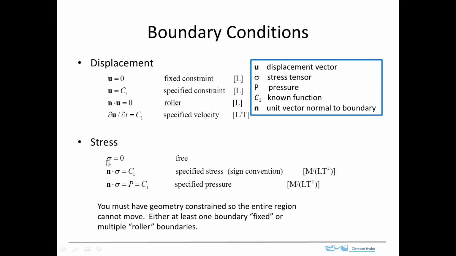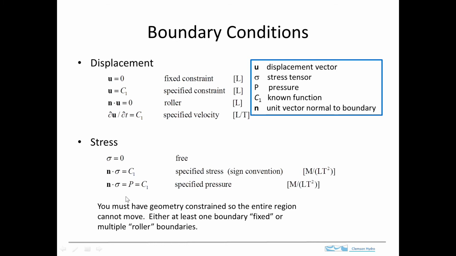Stress boundary conditions, if the stress is equal to zero, then this is a free boundary. So if this block was just open here, it didn't have any loads on it, then we would call that a stress-free boundary. We can specify the normal stress.